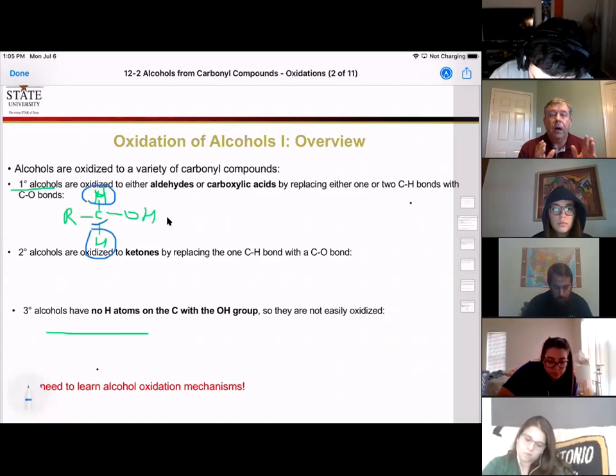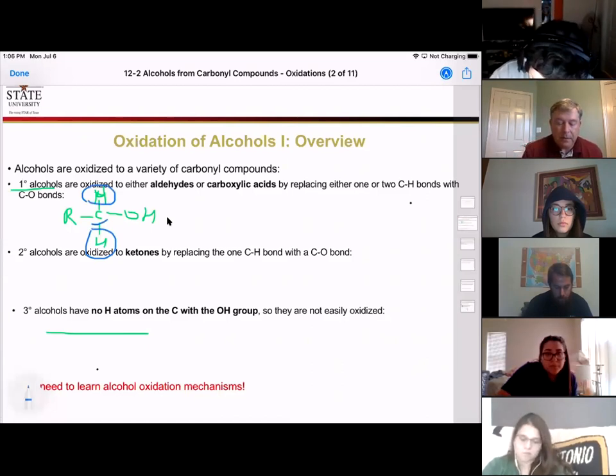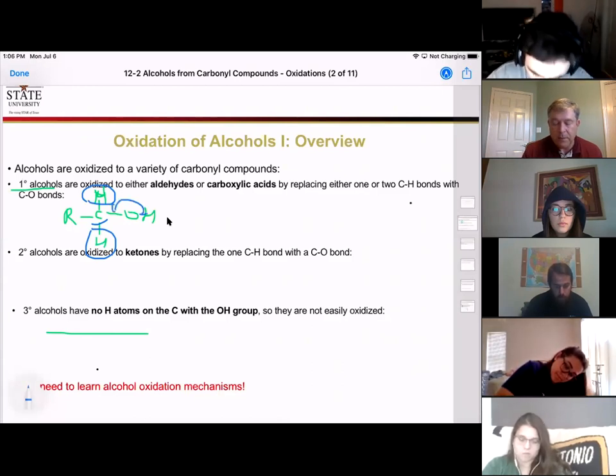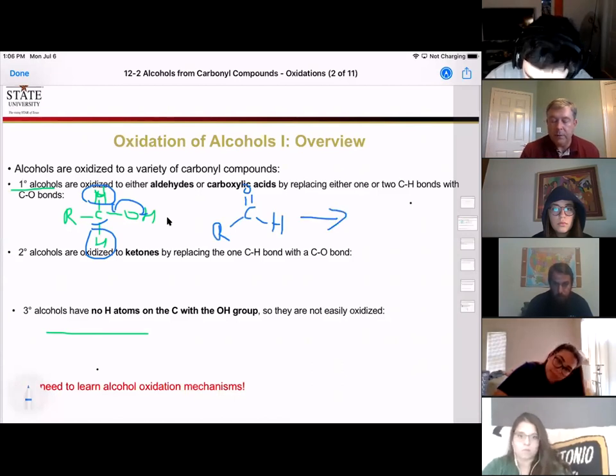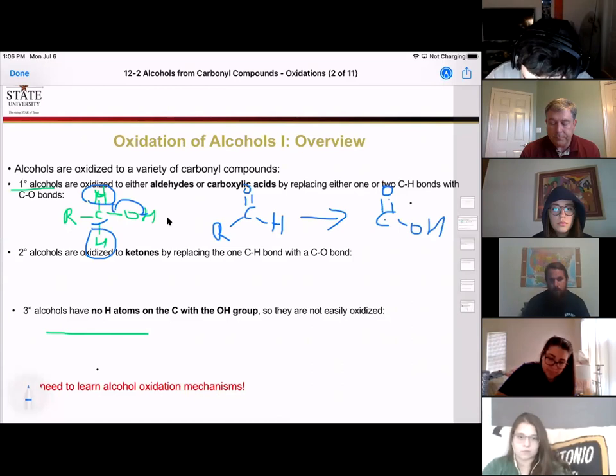And if we only want to oxidize 1 of those off, we can get to our aldehyde by having the electrons in bond here come in and give us our carbonyl compound. We still have our single bond to hydrogen and then our R group here. Or we can continue on oxidizing it down a little further and reduce off that last hydrogen to give us our carboxylic acid, okay?